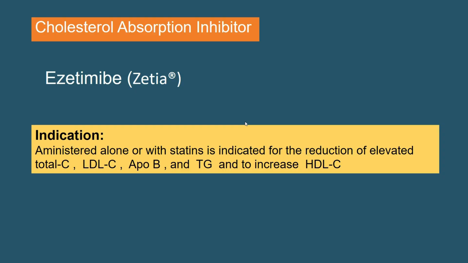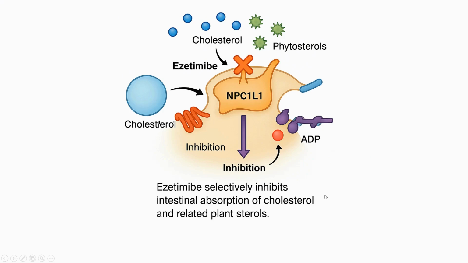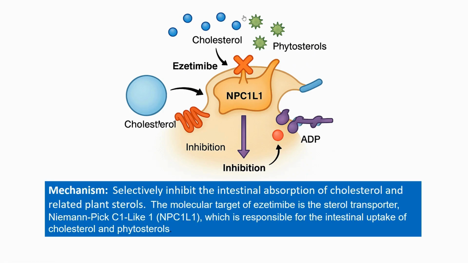Generally, it is combined with statins because, if you understand the mechanism of action, ezetimibe selectively inhibits intestinal absorption of cholesterol, including cholesterol that is coming from dietary sources such as plant sterols.